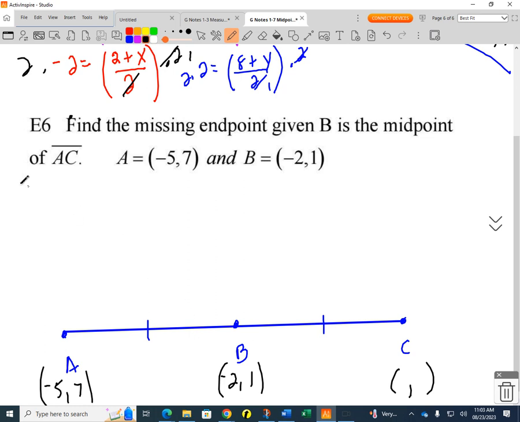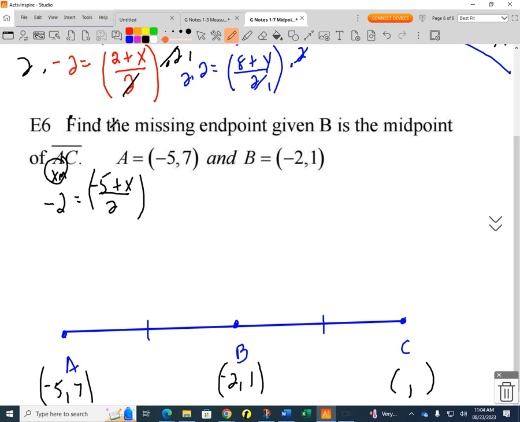So remember, using the x coordinate of the midpoint, that was the x subscript m we used in that formula up above, equals the x coordinates that we have plus the x coordinate that we don't have, divided by 2.